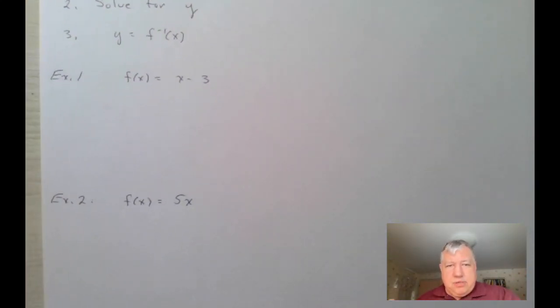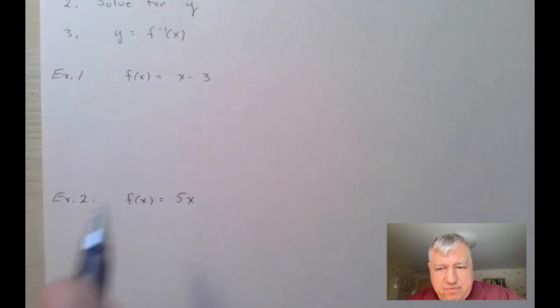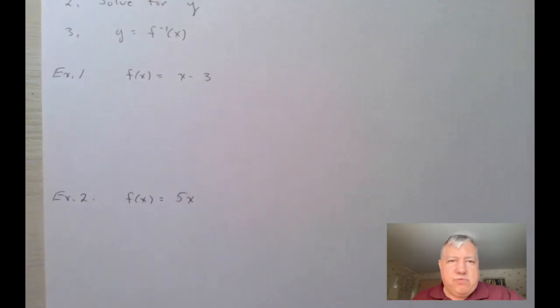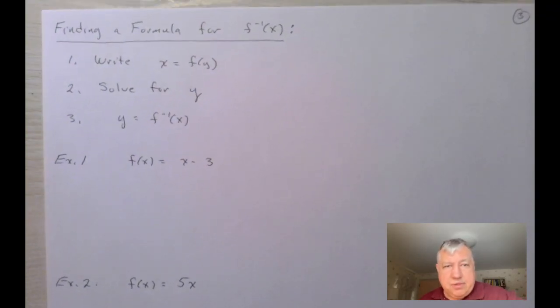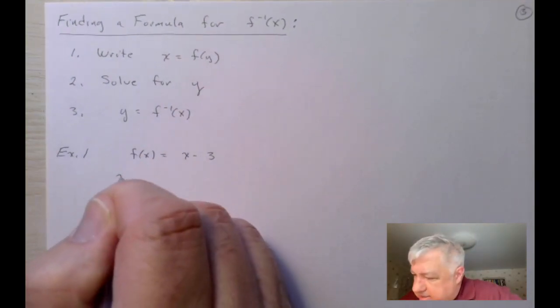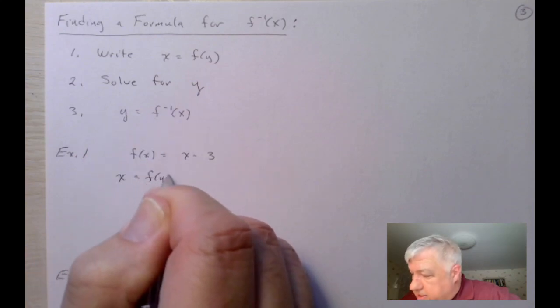We're just going to look at some simple examples here. These are linear functions. So if f of x is equal to x minus 3, what's the inverse? Well, we know it's not 1 over x minus 3. What we're going to do is use this method. So we write x equals f of y. Okay, well, what is f of y?